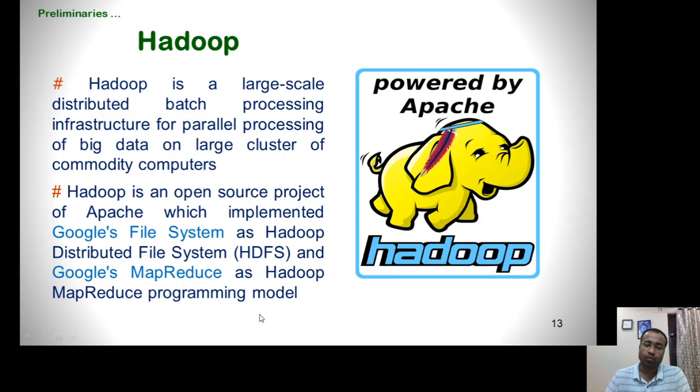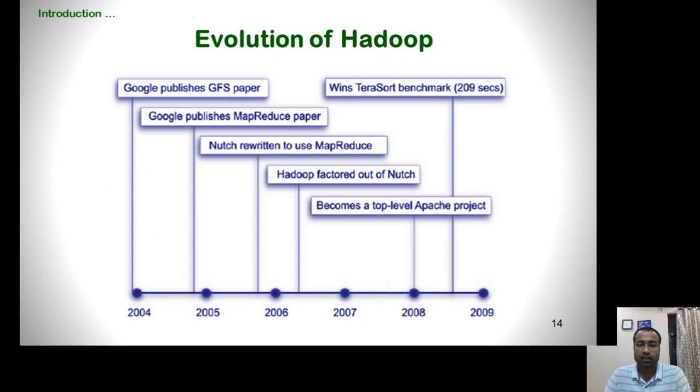So the whole idea of Hadoop, its components and internal design, was inspired by Google. Google File System was adopted and Hadoop Distributed File System was designed, and Google's MapReduce computing framework was adopted and the Hadoop MapReduce programming model was designed. This is how Hadoop evolved.